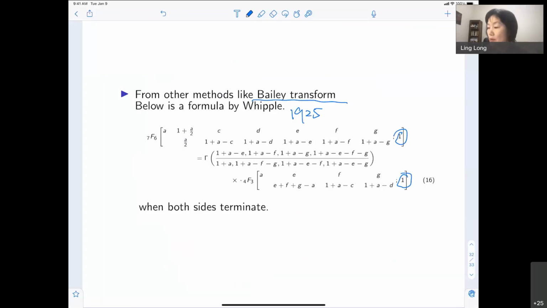It's well-poised in the sense that if I add a and the 1 down here, I get a plus 1. If I add this 2, again, I get 1 plus a. If I do the same thing, I get 1 plus a. All right, so the left-hand side is well-poised.